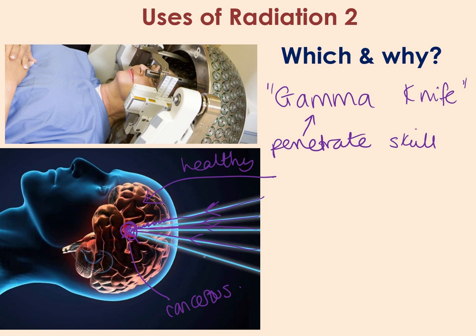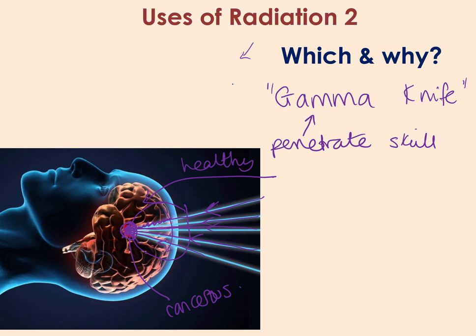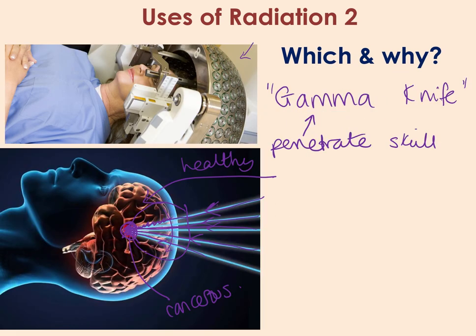So because each of these beams only crosses the healthy cells here once, all of that healthy tissue gets a low exposure, whereas where they overlap here at the tumour gets a high exposure. So that is called a gamma knife. And this is a photo of the little helmet. Each one of these is a gamma source, to get the effect of going from all of those different angles to minimise the risk to the healthy cells.